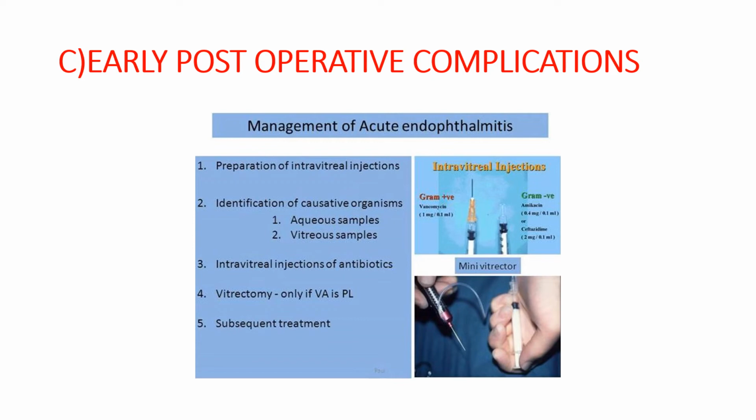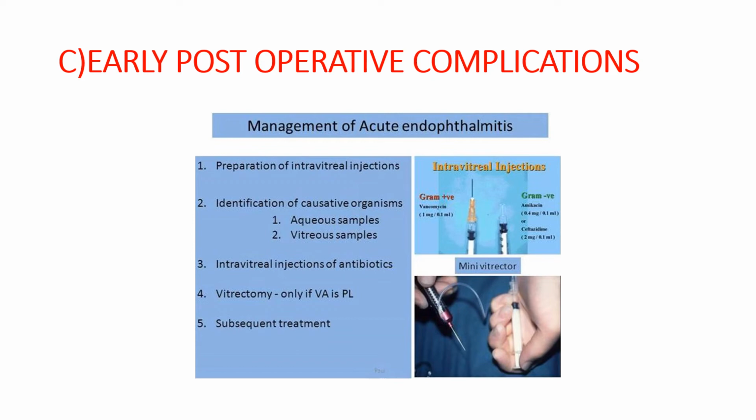Along with the intravitreal injections, we need to give topical fortified preparations of vancomycin and either ceftazidime or amikacin, and along with that, systemic antibiotics also. So we wait for 2 days. If there is improvement, we repeat the intravitreal injections.